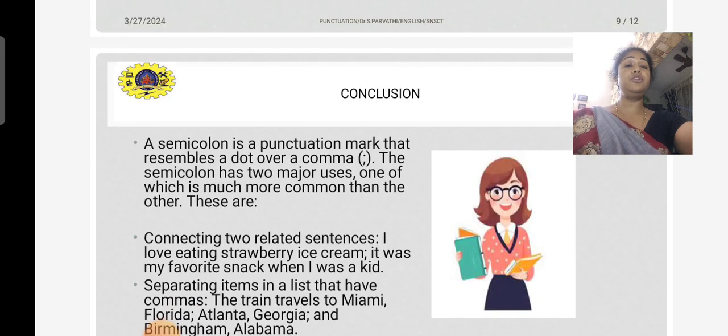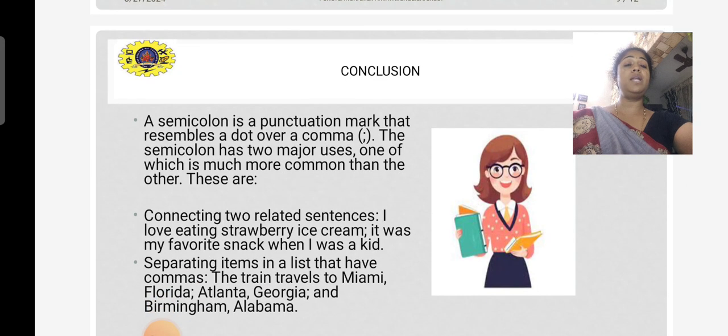So, in this conclusion part, the semicolon is a punctuation mark that resembles a dot over a comma. The semicolon has two major uses. These are connecting two related sentences: I love eating strawberry ice cream; it was my favorite snack when I was a kid.